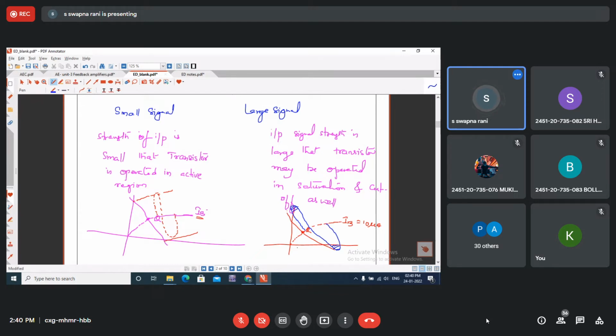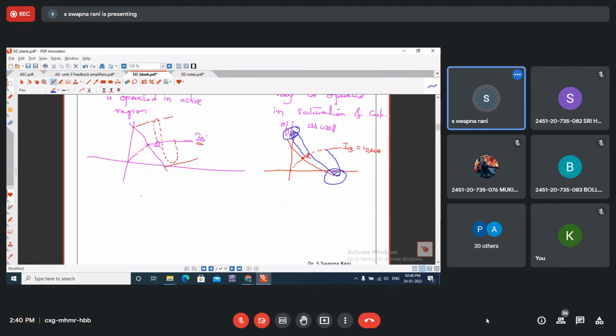It means the transistor may enter into the saturation region and cutoff region as well. So this is the meaning of small signal and large signal amplifiers. In small signal, we can guarantee that the transistor is always in the active region.